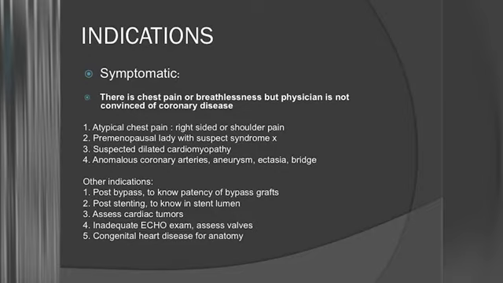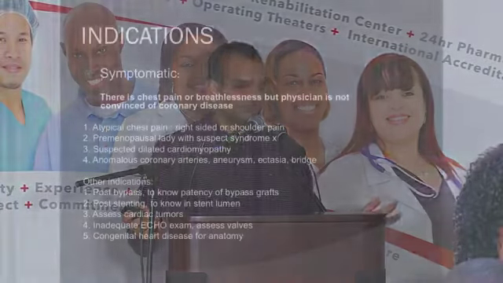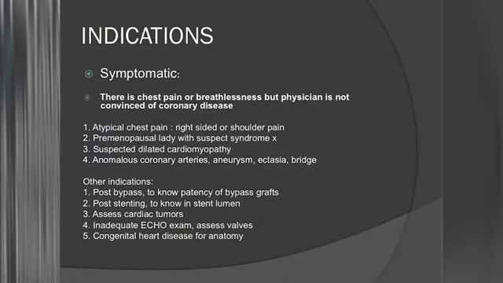It is not really proving that this patient has chest pain due to coronary artery disease. Atypical. Syndrome X. There's no reason for this patient to have a chest pain which is coronary. Suspected myopathies, anomalies, post-bypass, post-stenting, tumors, inadequate echos, inadequate stress tests, or indeterminate stress tests, and congenital heart disease.